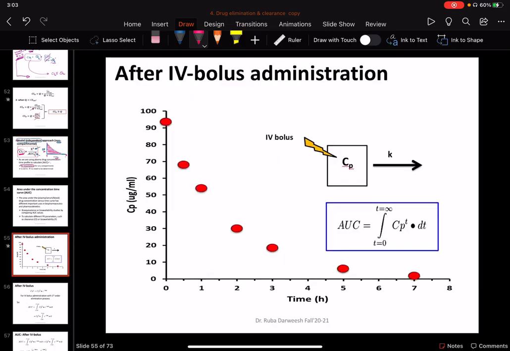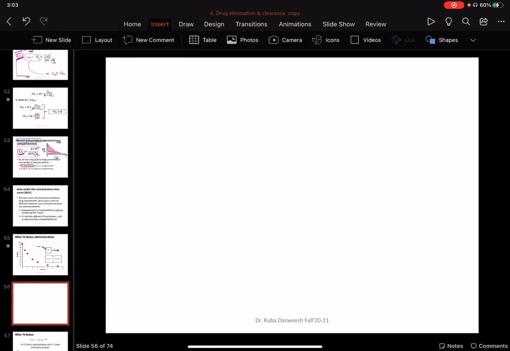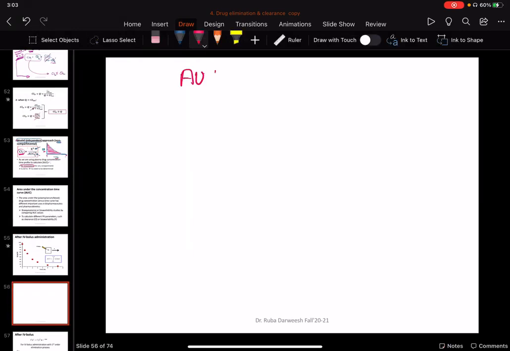For now, I will show you how we can do the calculation of area under the curve. First of all, from the math principles that you already have from school, whatever the curve that you have, you can determine the area under the curve, right?